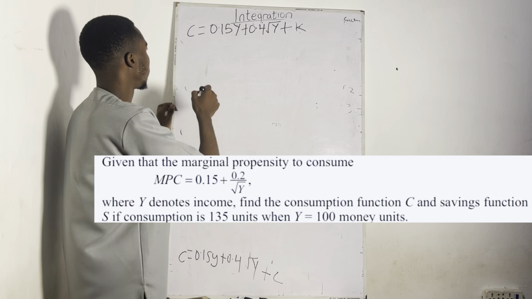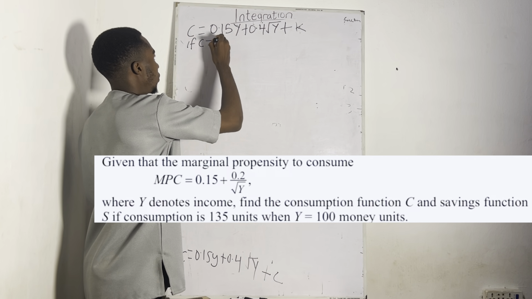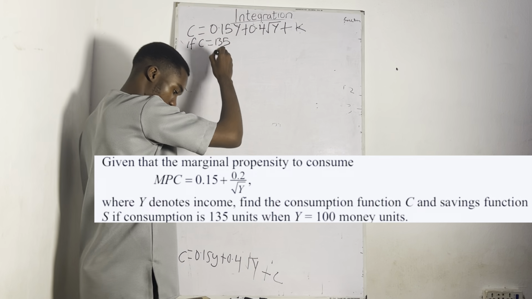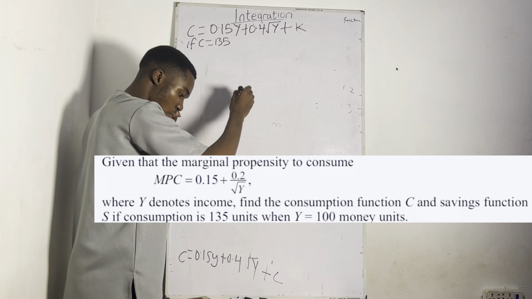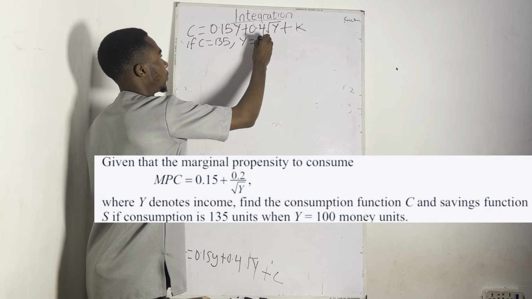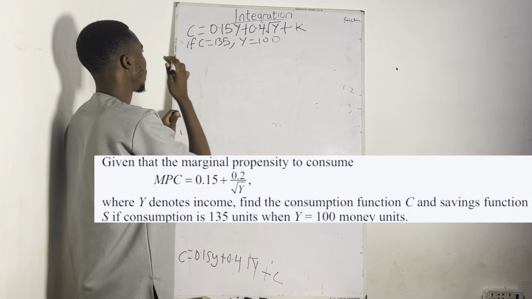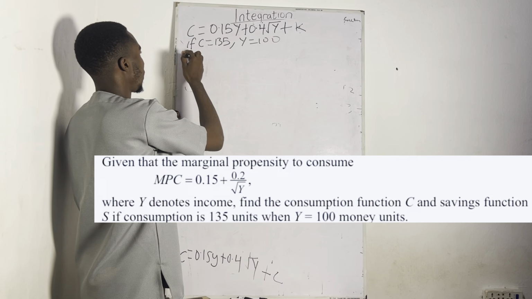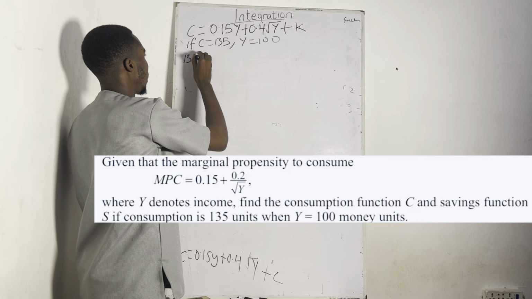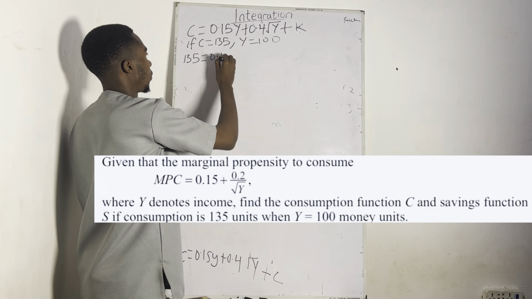So if consumption, which is our c, is equal to 135 units, and when y is equal to 100 money units, we are now going to substitute it into this equation. So they are saying c is 135. So now we are getting 135 is equal to 0.15.